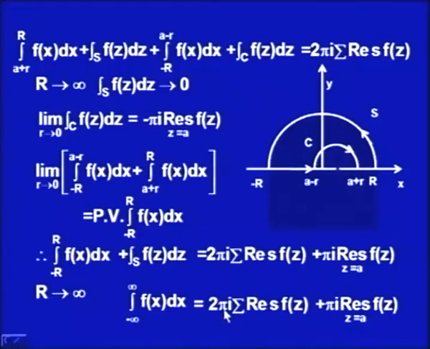It should be 2 pi i times the summation of residues of f(z) over all the poles in the upper half plane, plus pi i times the residue of f(z) at the pole z equal to a on the real line. We have talked about one simple pole. Let us do one example of this kind, evaluate the integral, and then we will move to the extension.